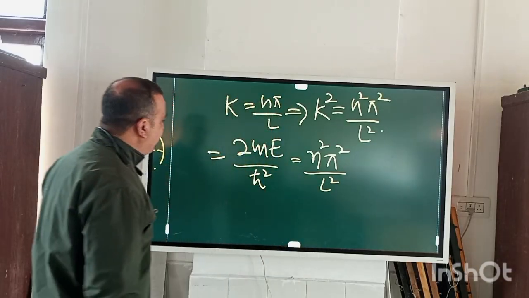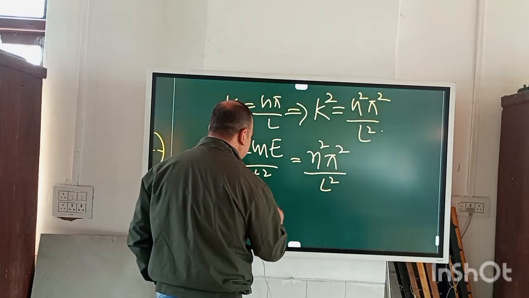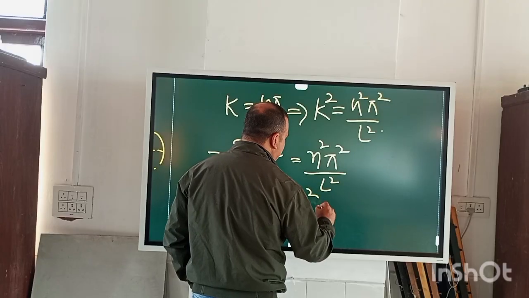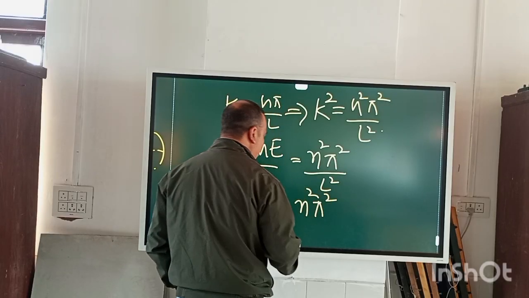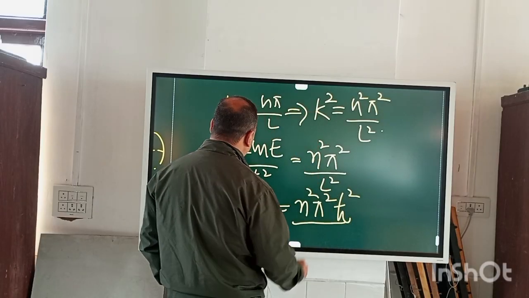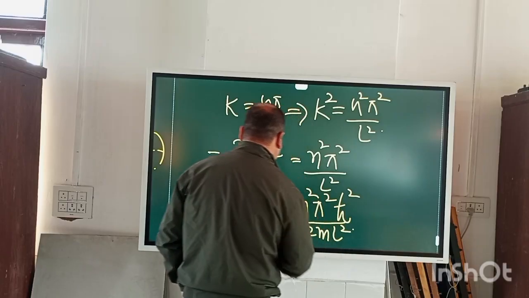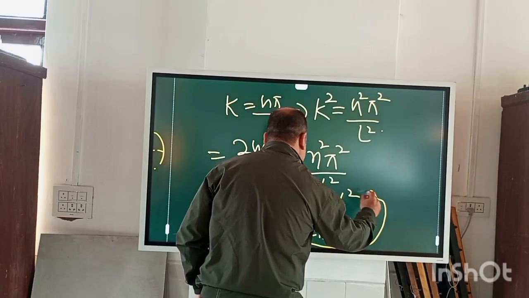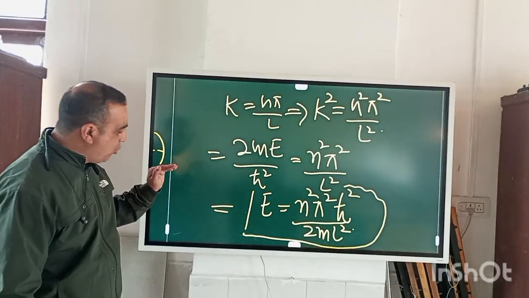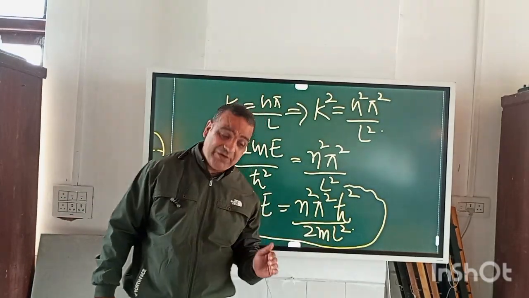So we can do the manipulations here, and I can calculate the quantized energies that this electron can have. So E is n squared pi squared h cross squared by 2mL squared. This is the energy of this one electron. And the energy of this electron is quantized. It will not have all possible energies as was the case in the Drude model.